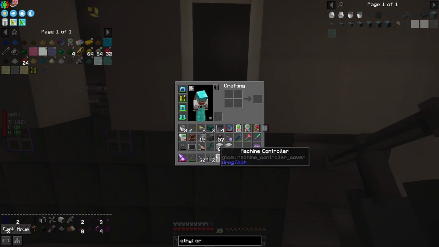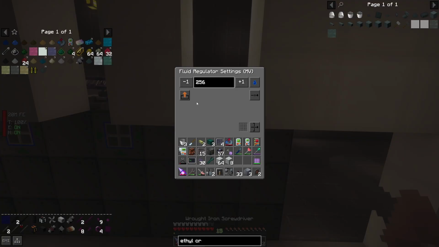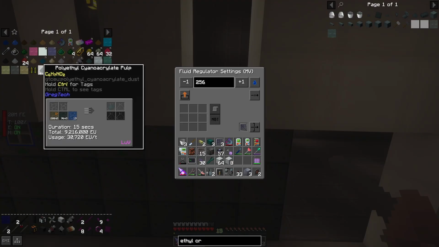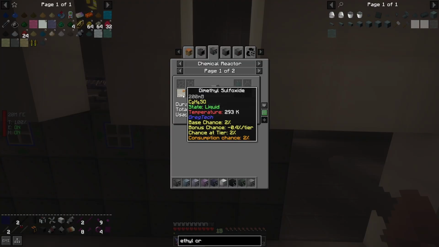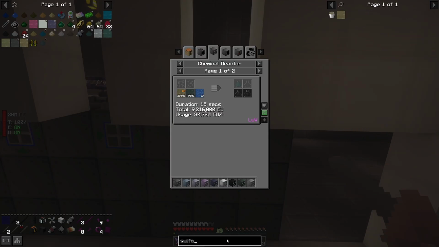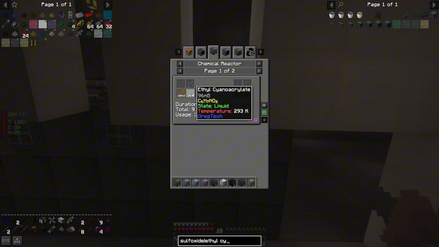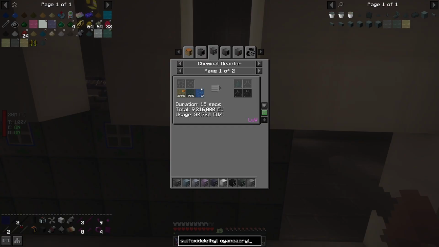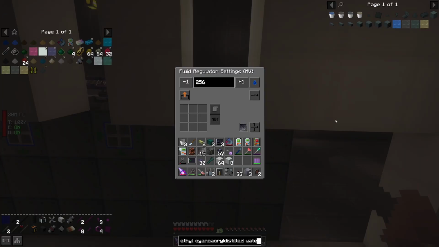Okay, so we are gonna need dimethyl sulfoxide. We are gonna need the ethyl cyanoacrylate and distilled water. And we're just gonna do a bucket to bucket to bucket ratio.